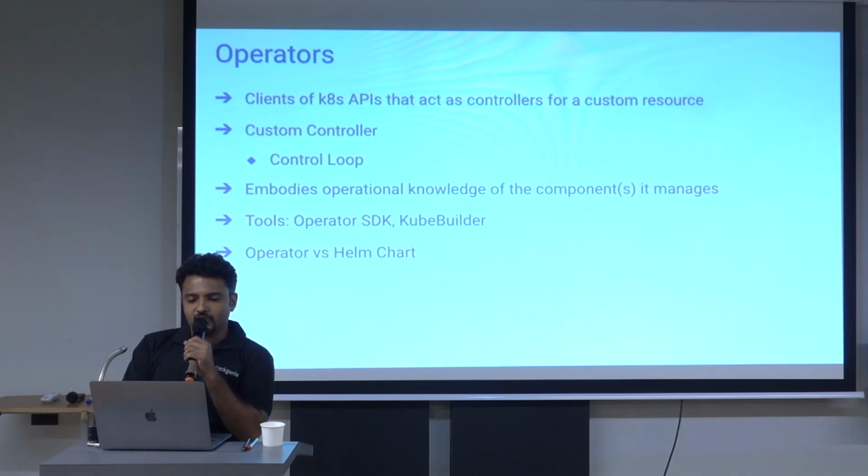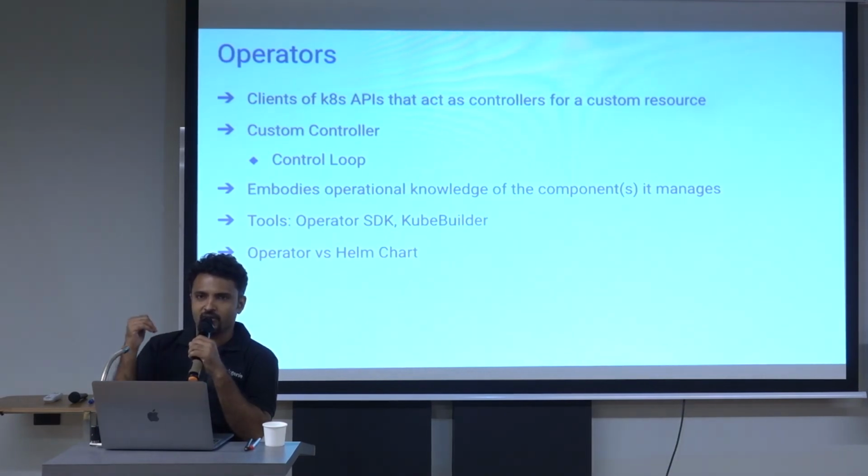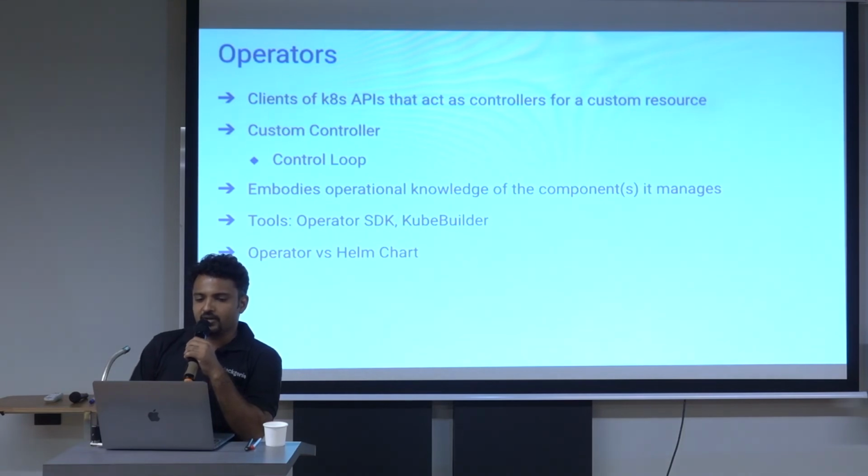Now we already saw a controller and a custom resource together. They can be called an operator, although it doesn't implement a lot of meaningful stuff here. We could have operators that take backups of systems when we have an upgrade and stuff like that.